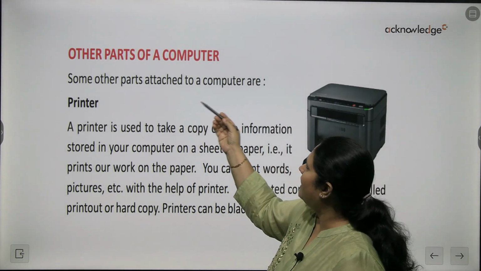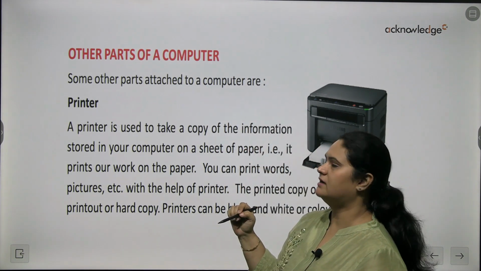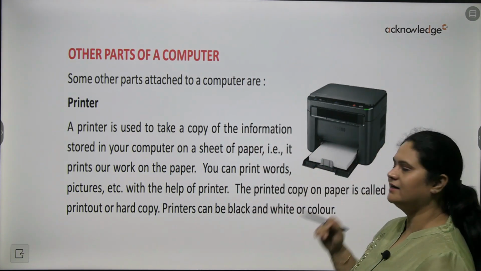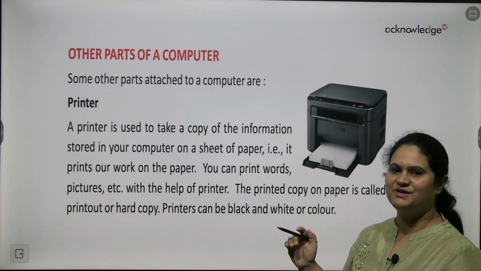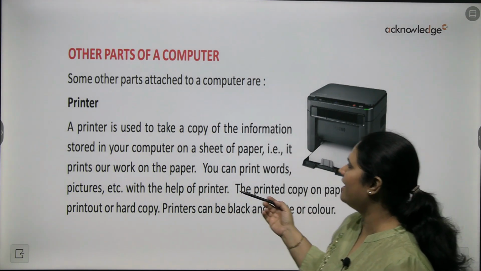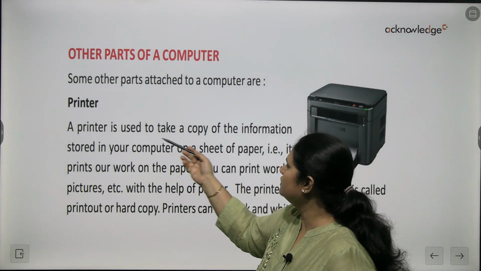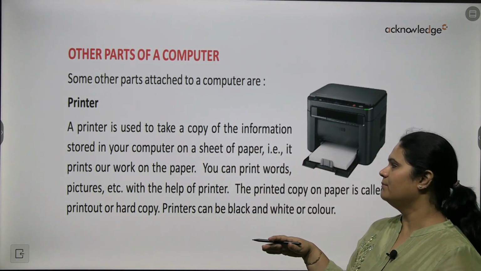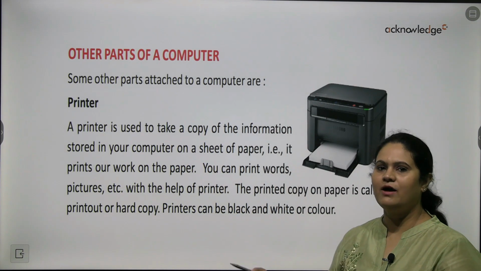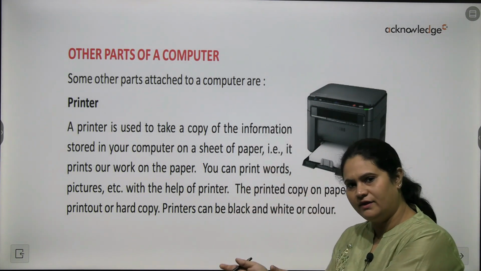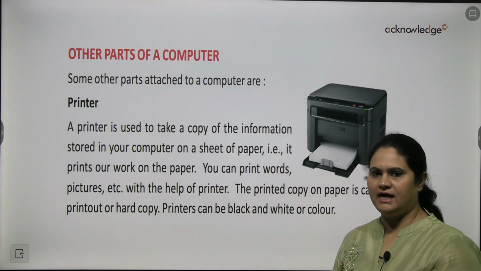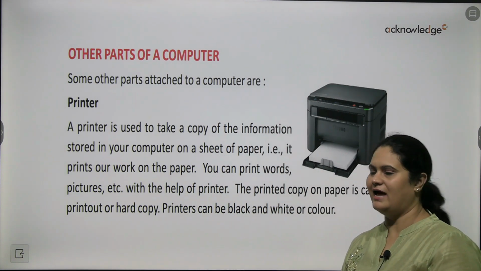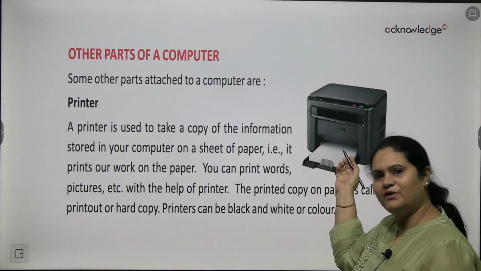So some other parts that are attached to a computer are a printer. Have you seen a printer, children? I'm sure you must have. A printer is used to take a copy of the information stored in your computer on a sheet of paper. So whatever is stored in the computer, you can take out a hard copy of that with the help of a printer.